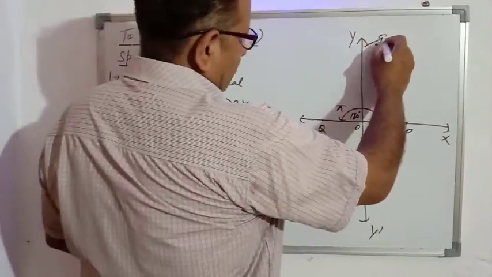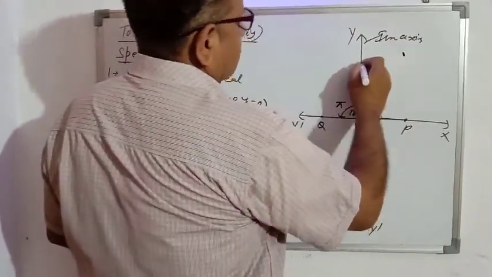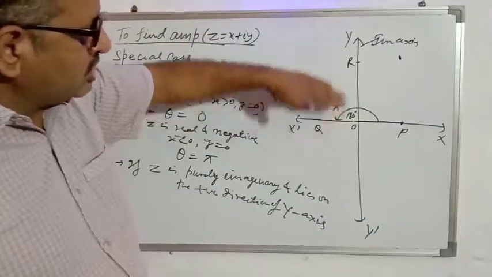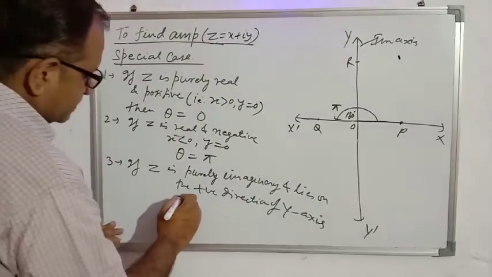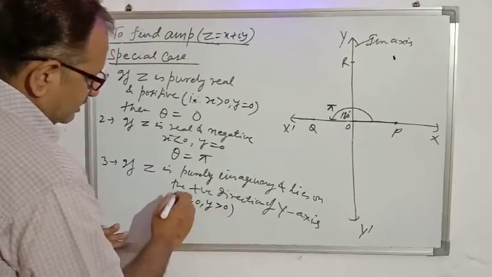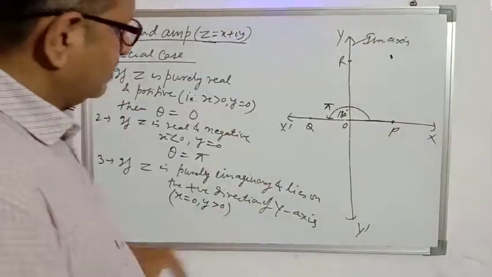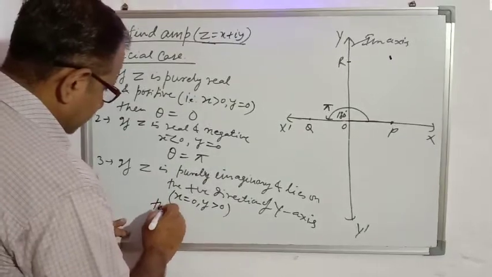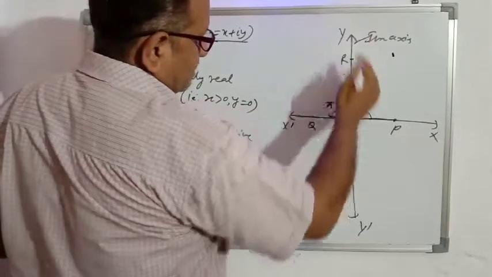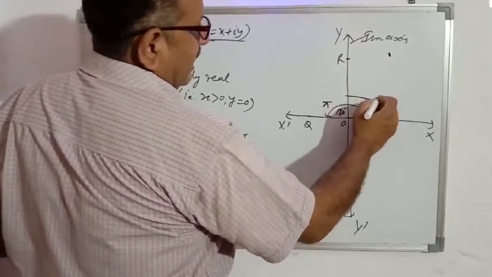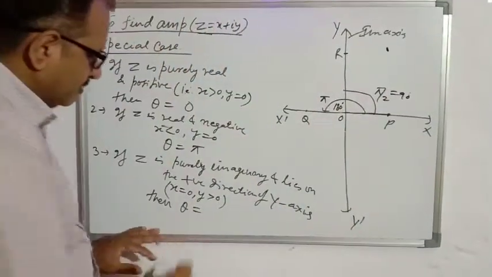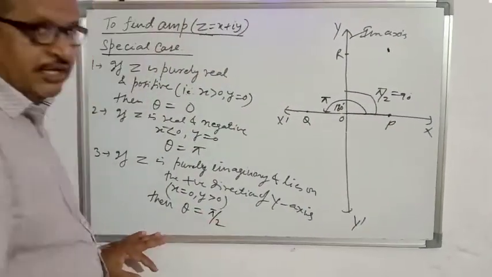The y-axis is the imaginary axis, so it will lie here. Z will lie on the positive direction of the y-axis, meaning x is equal to 0 here and y greater than 0. Y is positive. Then what will be theta? Theta will be 90 degrees, meaning pi by 2. In radians we have to write pi by 2.